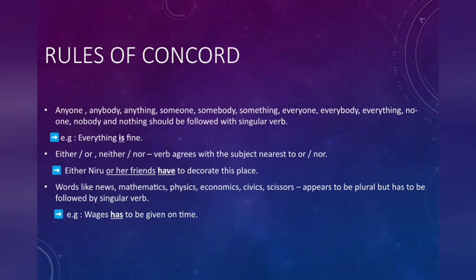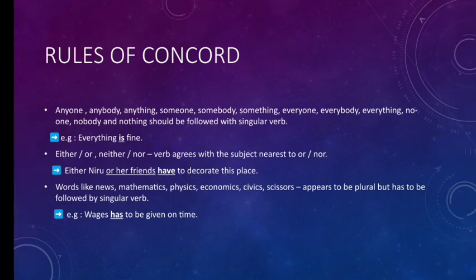For example, either Niru or her friends have to decorate this place. See, next to or we have her friends, which is a plural subject, so we have used have, which is a plural verb in this sentence.